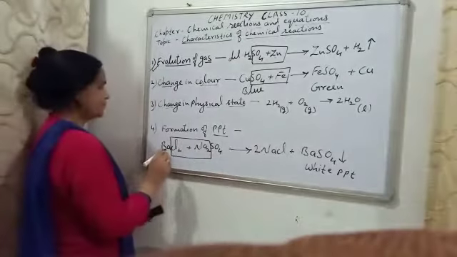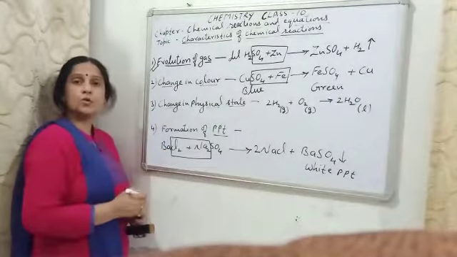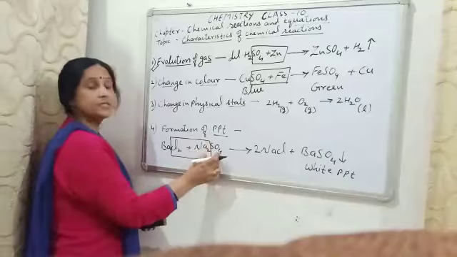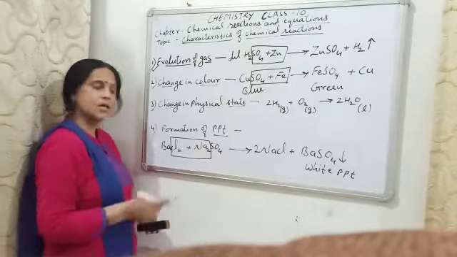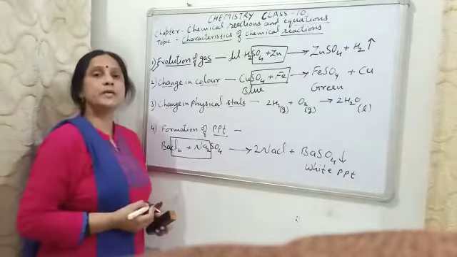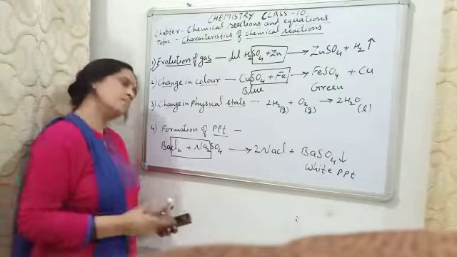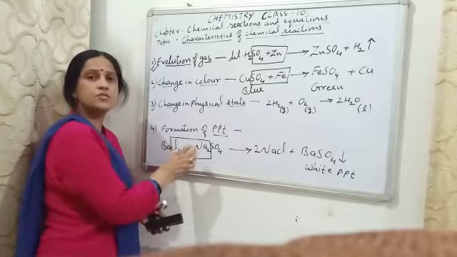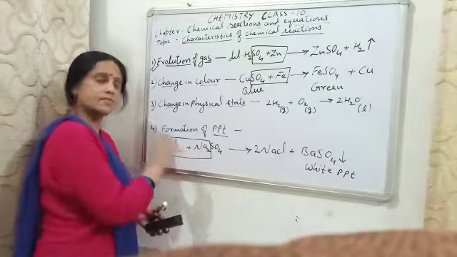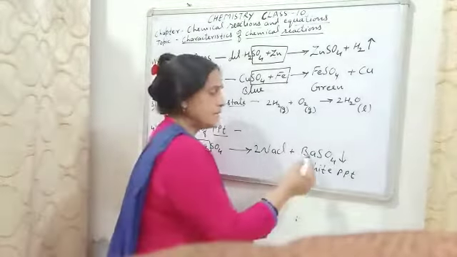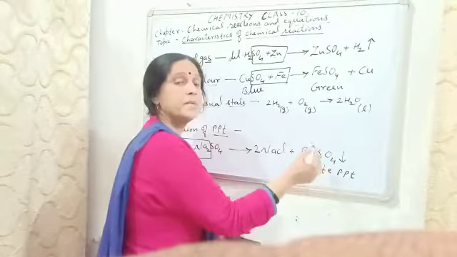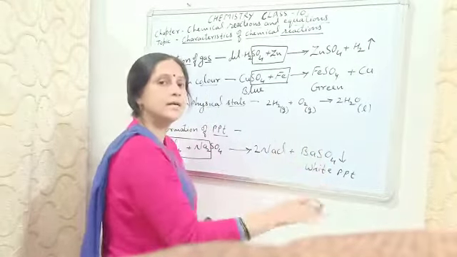For example, when barium chloride is added with sodium sulfate, both the solutions of barium chloride and sodium sulfate are transparent, colorless. But after the mixing of these two solutions, a white colored PPT of barium sulfate is formed, which settles down at the bottom.